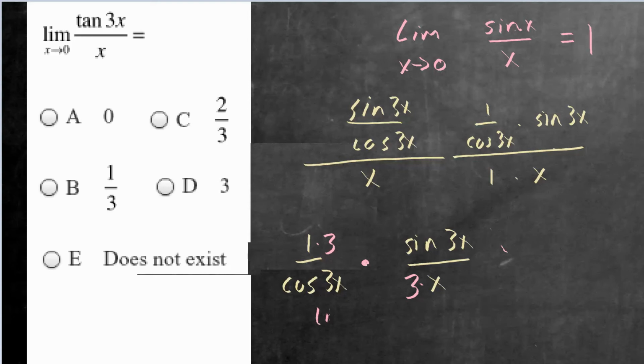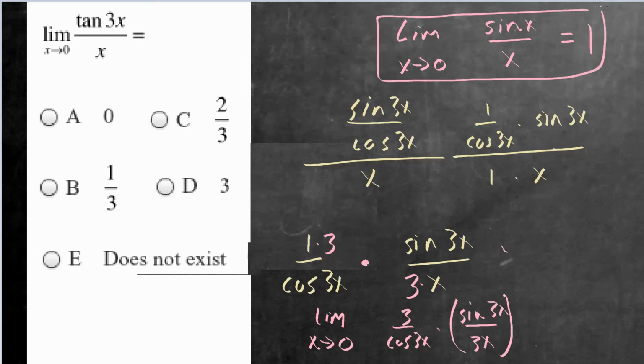Now I can find the limit as x goes to 0 of 3 over cosine 3x times the sine 3x over 3x. This is from our initial definition. That is 1. The cosine of 3 times 0 would be the cosine of 0, which is 1. So 3 over 1 is 3. So our right answer would have been D.